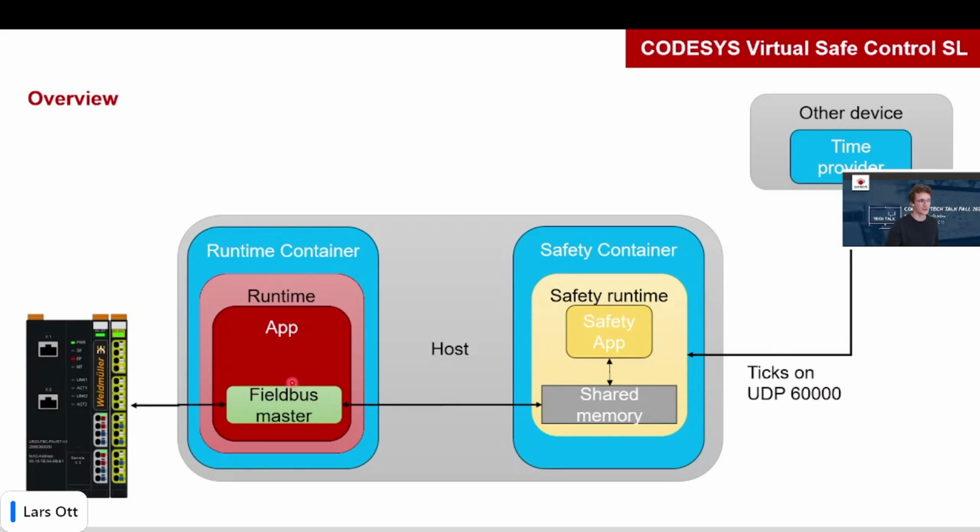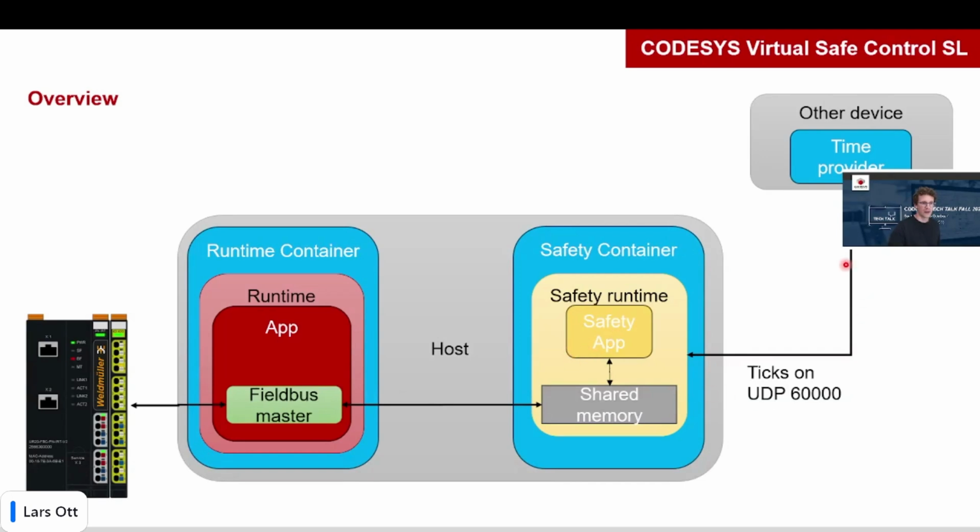We'll actually be using the same one we just created in the previous demo for this. This runtime then talks to our safety runtime running in its own container through a shared memory. So the field bus master gets all the Profinet data, including the ProfiSafe data, and then takes the ProfiSafe data and puts it into the shared memory where the safety app is going to process it.